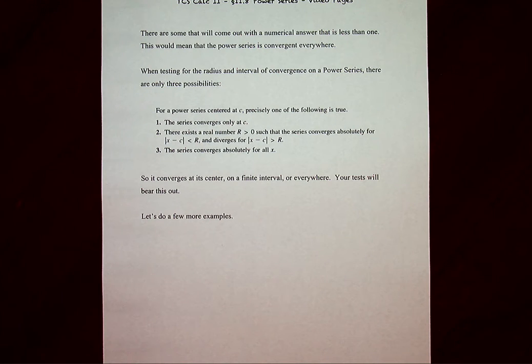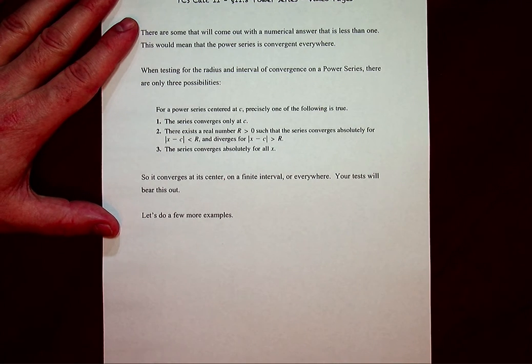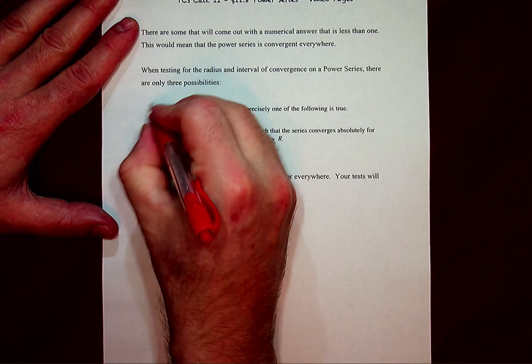If you come out with an answer that is always true, then you have an interval of convergence of negative infinity to infinity. If you come out with an answer that is never true, then it converges only at the center. And here are the three scenarios.